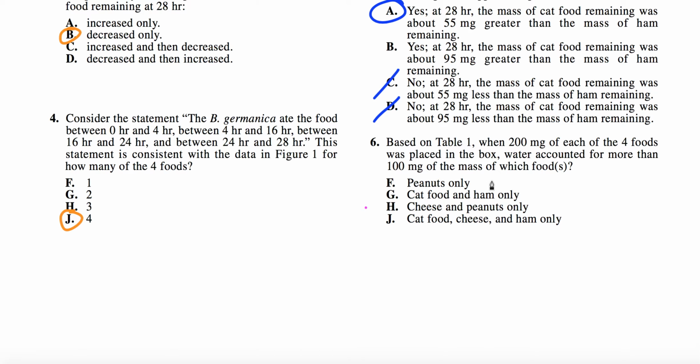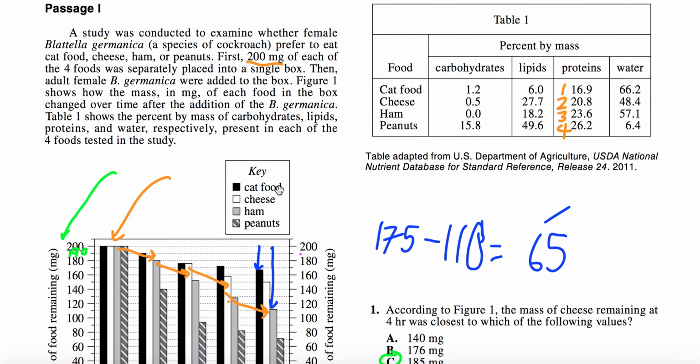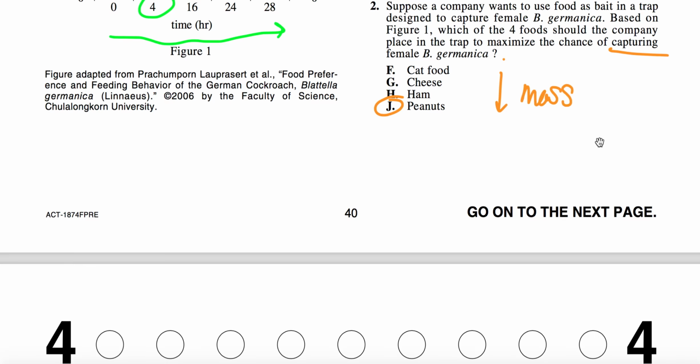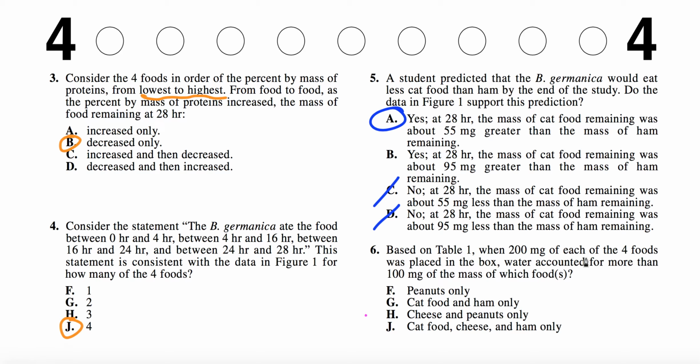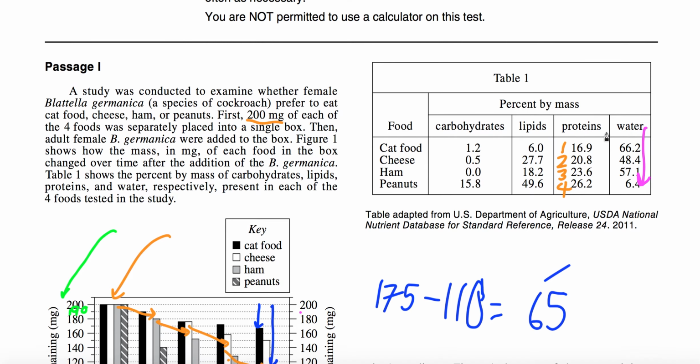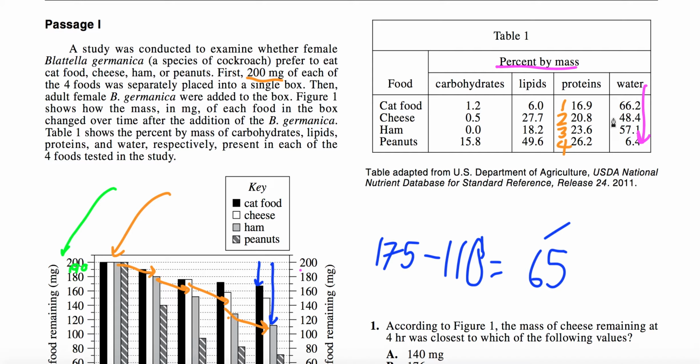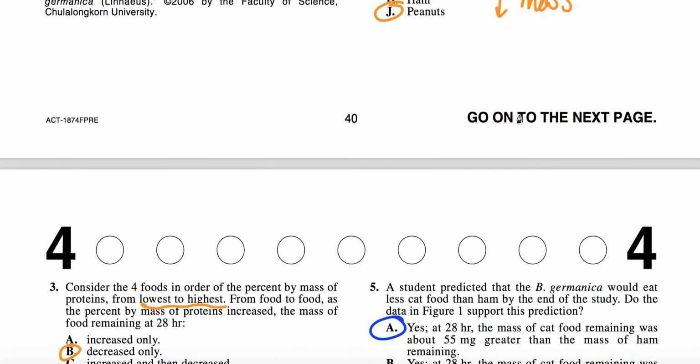Based on table 1, when 200 milligrams of each of the 4 foods was placed in the box, water accounted for more than 100 milligrams of the mass of which of the foods? In table 1, we look at water, and we want more than 100 milligrams, which is percent by mass. Only 2 of these had percent by mass over 50%, which is 100 milligrams: cat food and ham.